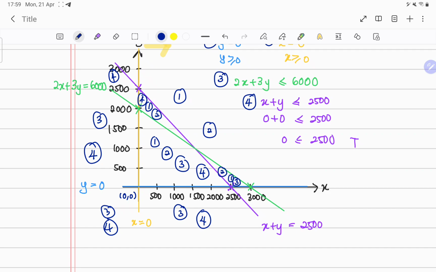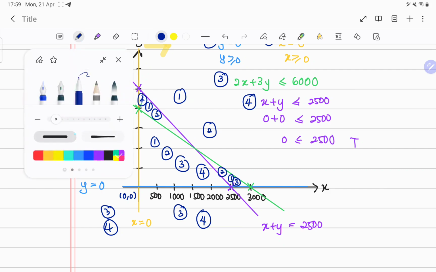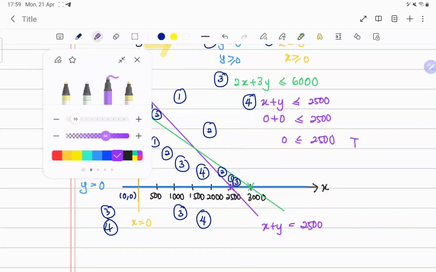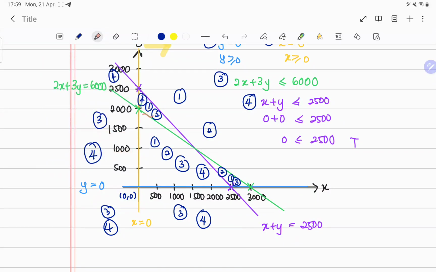What you need to do is shade the part that has all of the numbers. If you see here, the one that has all of the numbers is this guy, the middle one. You see here. This one.